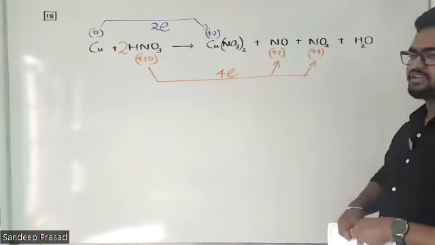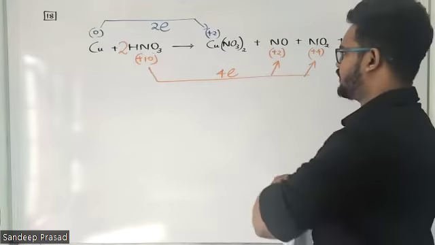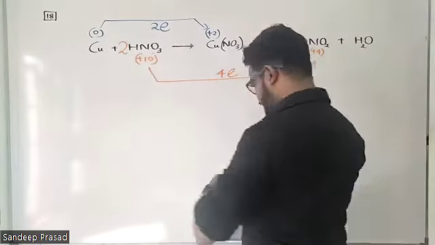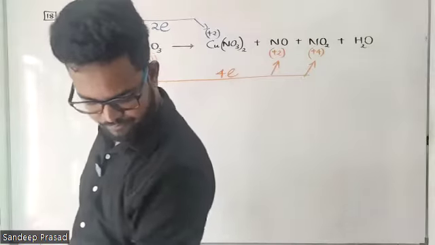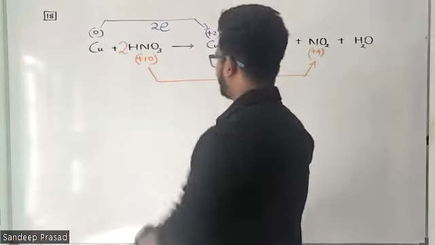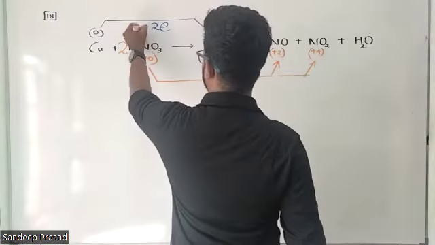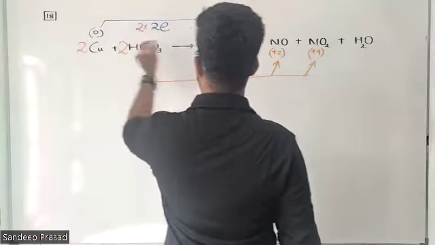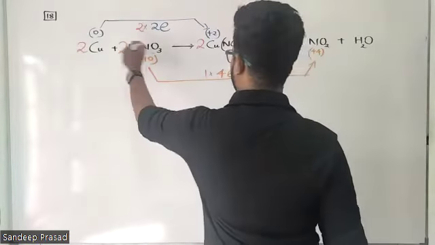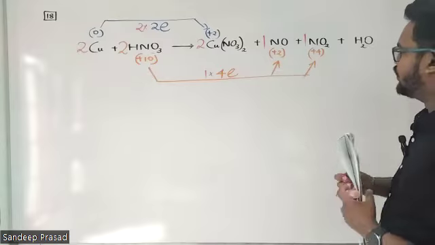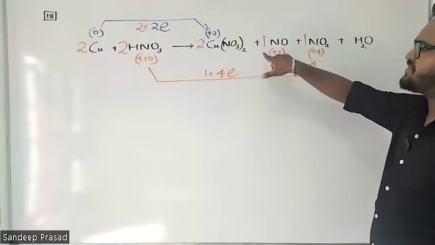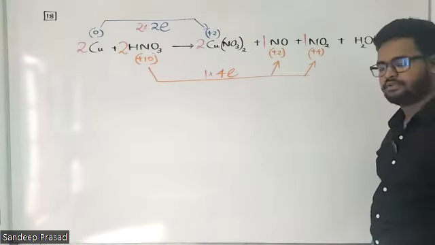Now we have to equalize increment and decrement. How do you do that? You have to multiply this one by 2, and this one by 1. Right? So can you see that the number of nitrogen atoms are still not balancing?